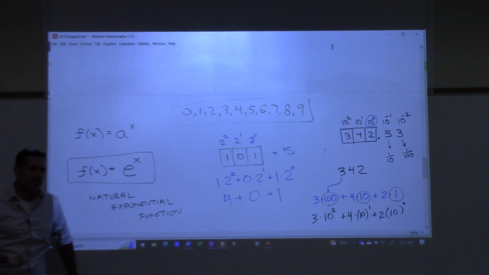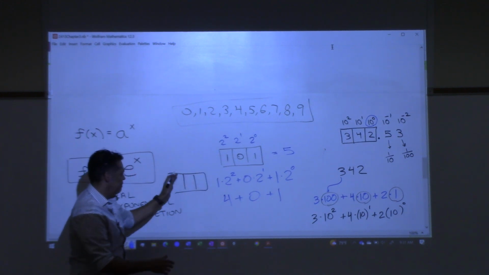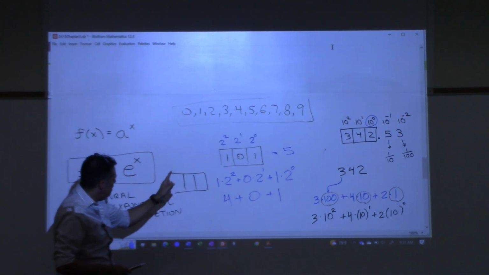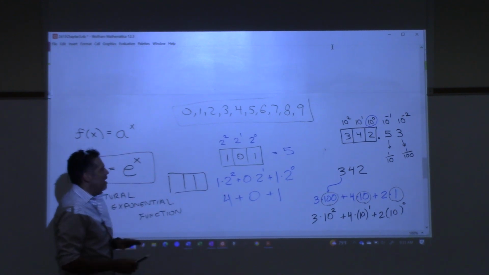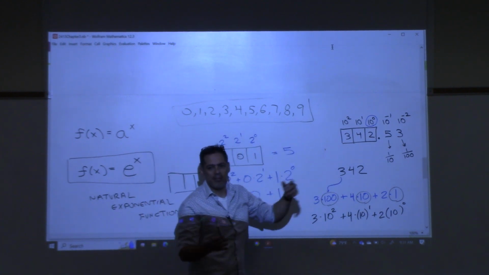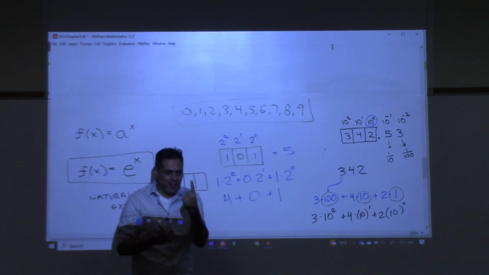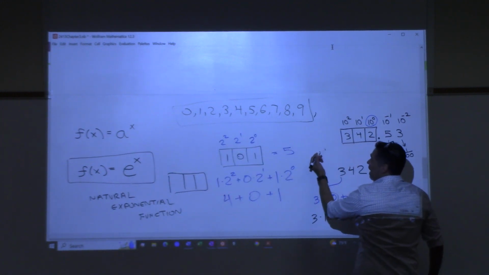So in base 16, you have 16 options for each digit. So if you write a 3-digit number in base 16, then I have 16 options here, 16 options here, 16 options here. So that does not mean 0 through 15, because 15 is not a single digit. So what we use in hexadecimal is we start using letters.